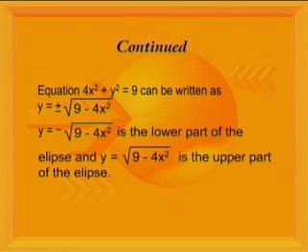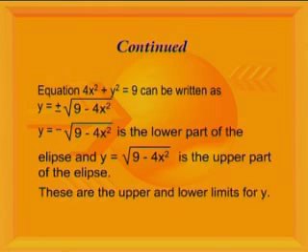The equation of the lower part is with minus, and the equation of the upper part is with positive sign. So our limit for y integration is, the lower limit is y equal to negative square root of 9 minus 4x square, and the upper limit is square root of 9 minus 4x square.